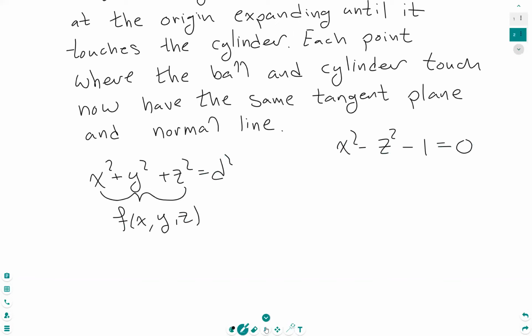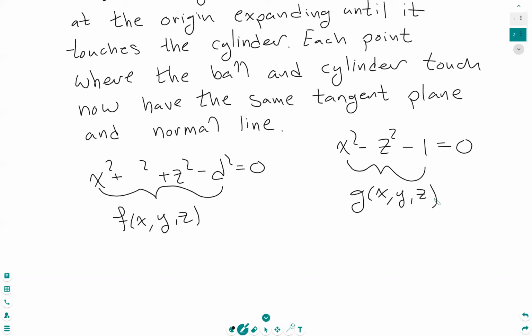Actually, we need this to be minus 1 and then equal to 0. It might not matter, I don't think it actually does, but I just want to be careful. So we have x squared minus z squared minus 1 equals 0 here. And because g needs to be equal to some constant, our constant here is 0. We could have also moved over this 1. We'll have that g is a function of x, y, and z.